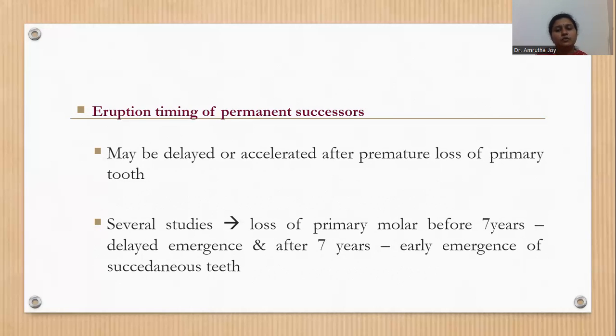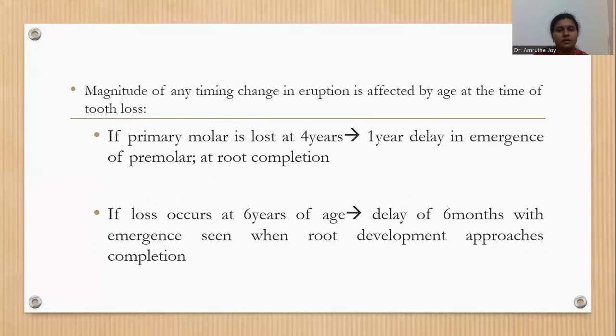Studies have shown that loss of a primary tooth before the age of 7 years causes delayed eruption of the permanent tooth, and if the primary tooth is lost after 7 years, there is an increased chance of accelerated eruption or early emergence of the succedaneous tooth. That is, if the primary molar is lost at 4 years, there is a chance of 1 year delay of emergence of the premolar at root completion. And if it occurs at the age of 6 years, a delay of 6 months is noticed with root completion.